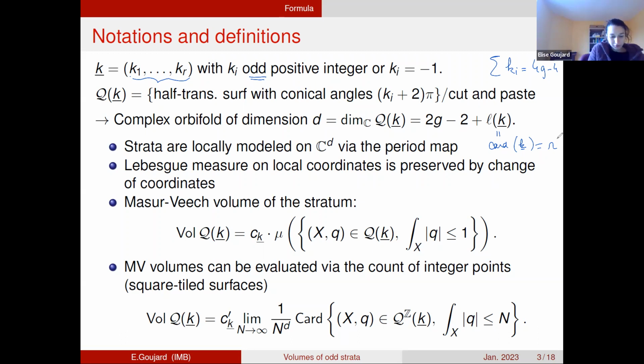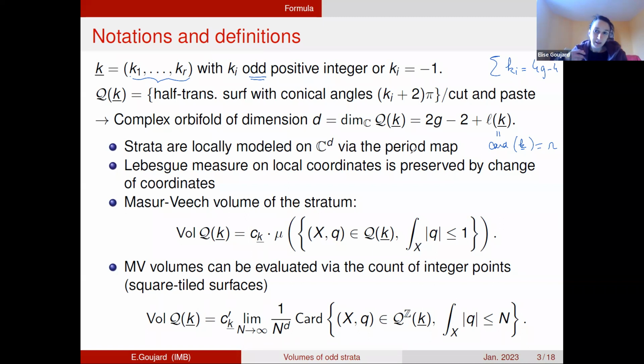So what are these periods? You can forget about this construction if you are happy with the definition with the polygon, but you take the double cover that lifts your quadratic differential to a global square of a holomorphic differential, an abelian differential. And in this double cover, you have an involution that exchanges the two sheets of the cover.